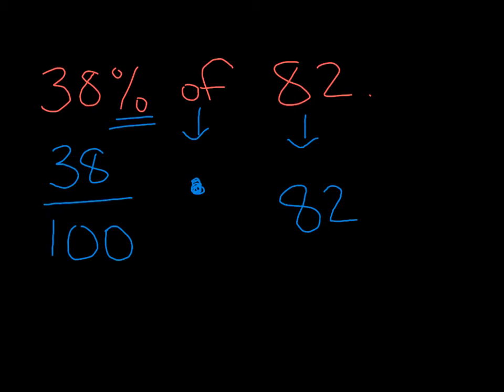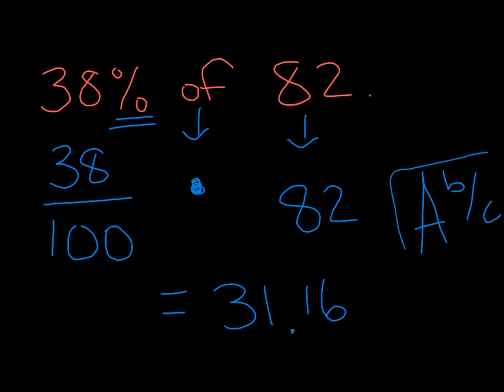I can just type that in on my calculator. One way to type it in is 38 divided by 100 equals 0.38, times 82, and I would get 31.16. Another way to plug it into your calculator is to use the fraction button. In the calculators you're using today, I think most of them have the A B/C button like this.